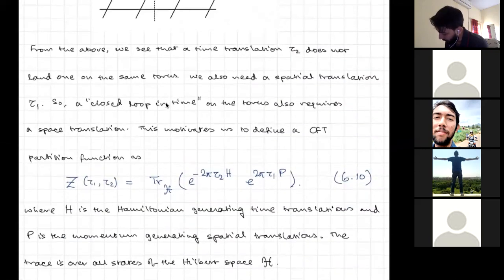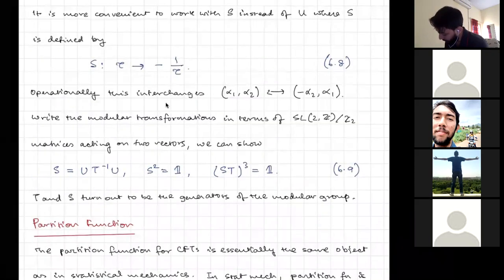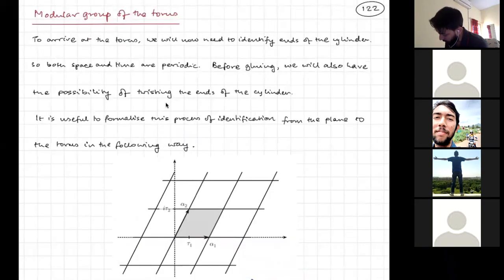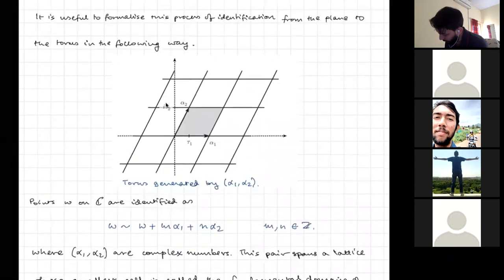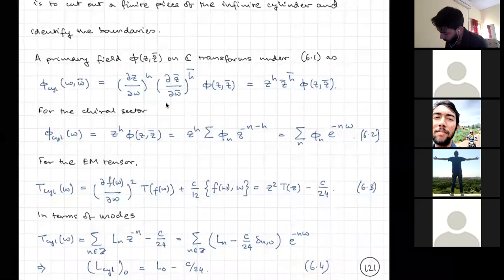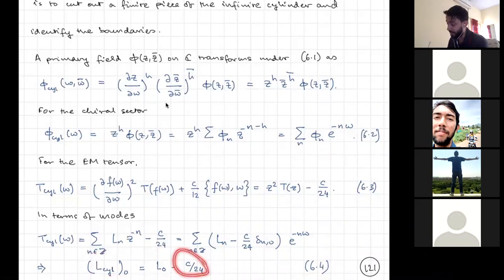Remember that these L naught and L naught bar are related to the things on the plane by the following relation. I wrote this a lot earlier. Yes. So remember that L naught on this cylinder is related to L naught on the plane by the central charge factor.